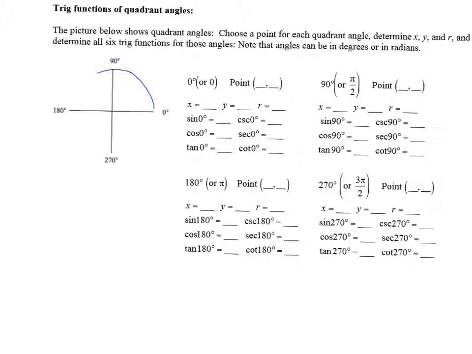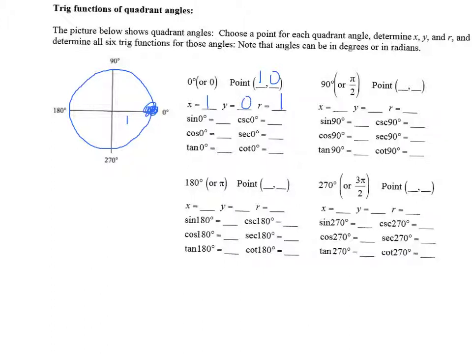I'll try to draw a circle here. If I have 0 degrees or 0 radians, that point is on the unit circle, so the point is 1, 0. Since this is on the unit circle, the x-coordinate is 1, the y-coordinate is 0, and the radius is also 1.